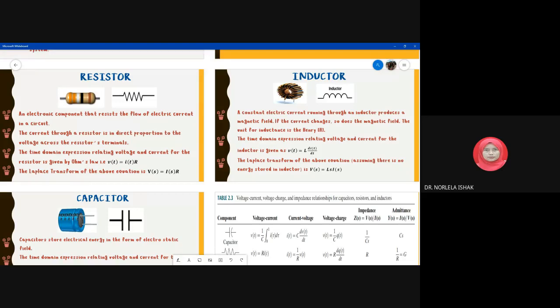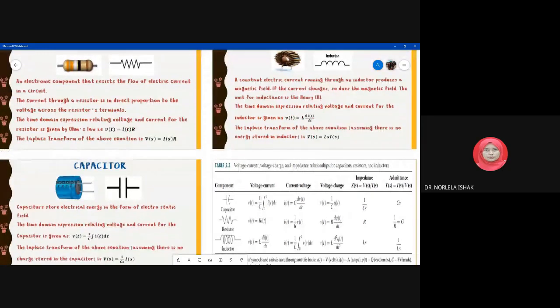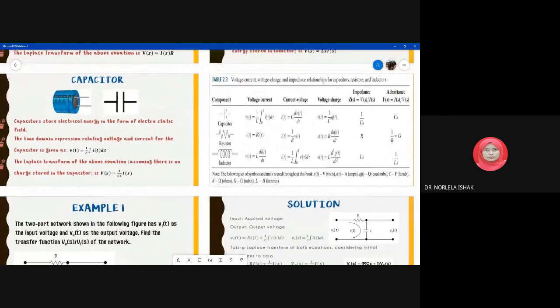From this table, you can see table 2.3. You can also refer to this table in our textbook. For the control system part, you can refer to the Nise textbook.